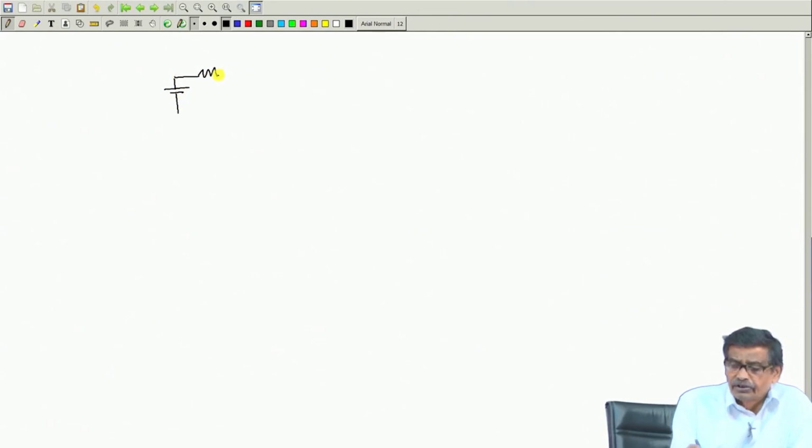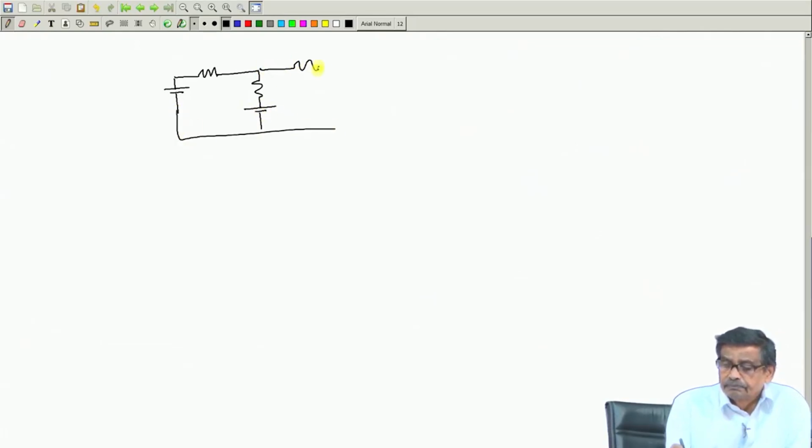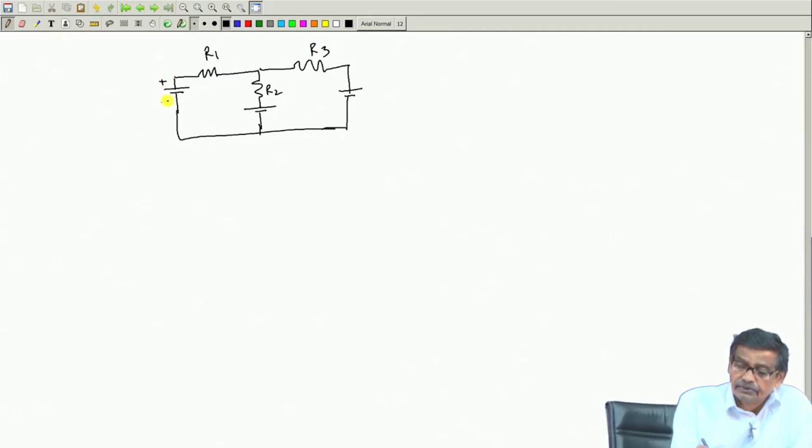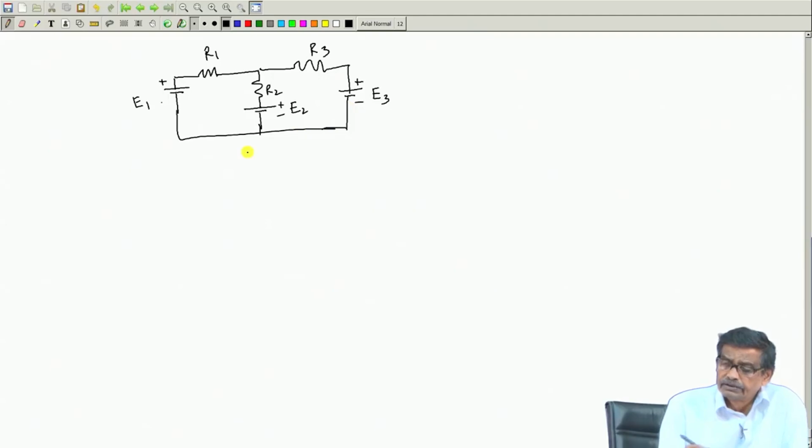Just for example, suppose there are only two meshes, mesh analysis, with R1, R2, R3, and batteries E1 and E2. I explained this considering the sources to be constant value DC.